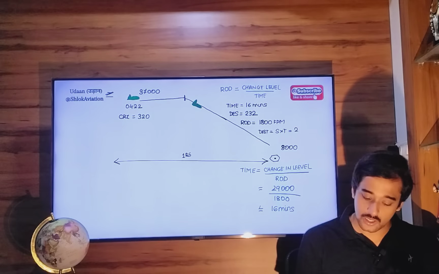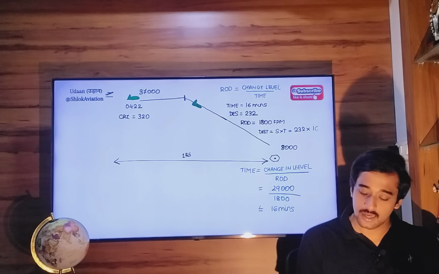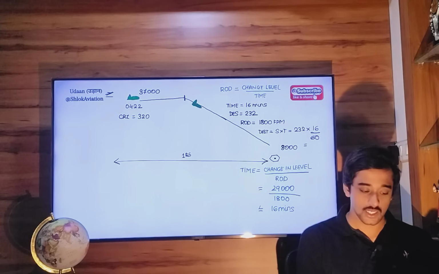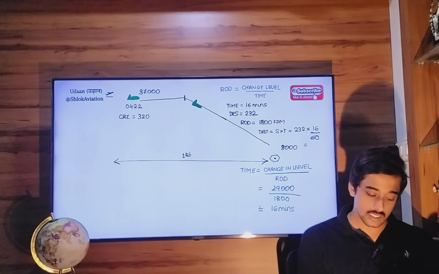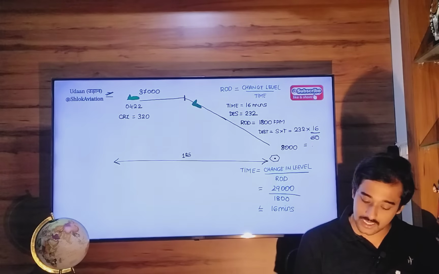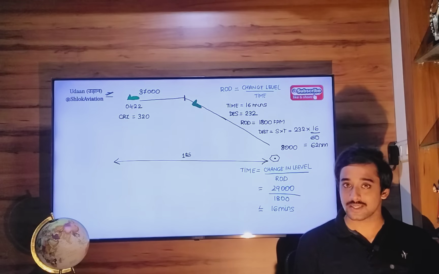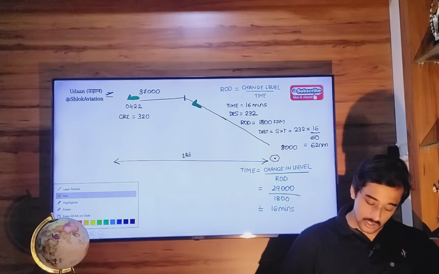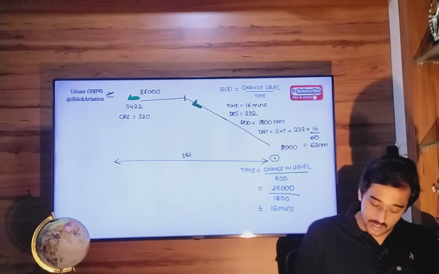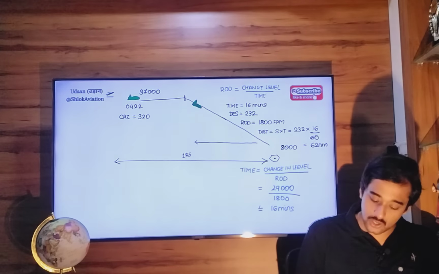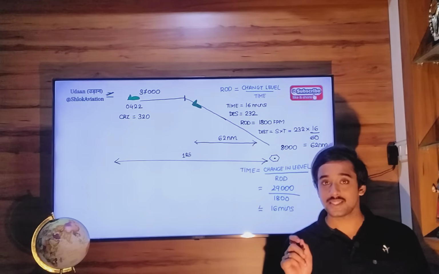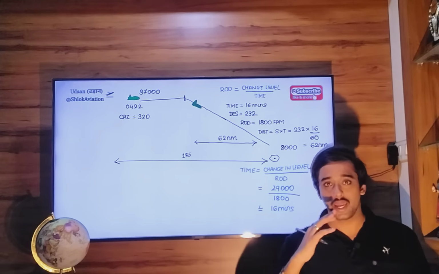So descent speed 232 knots multiplied by time 16 minutes divided by 60, converting that into hours. So 232 into 16 divided by 60 is 61.8 or 62 nautical miles. That means out of a total distance of 185 nautical miles, this aircraft is going to cover 62 nautical miles in descending from 37,000 to 8,000.